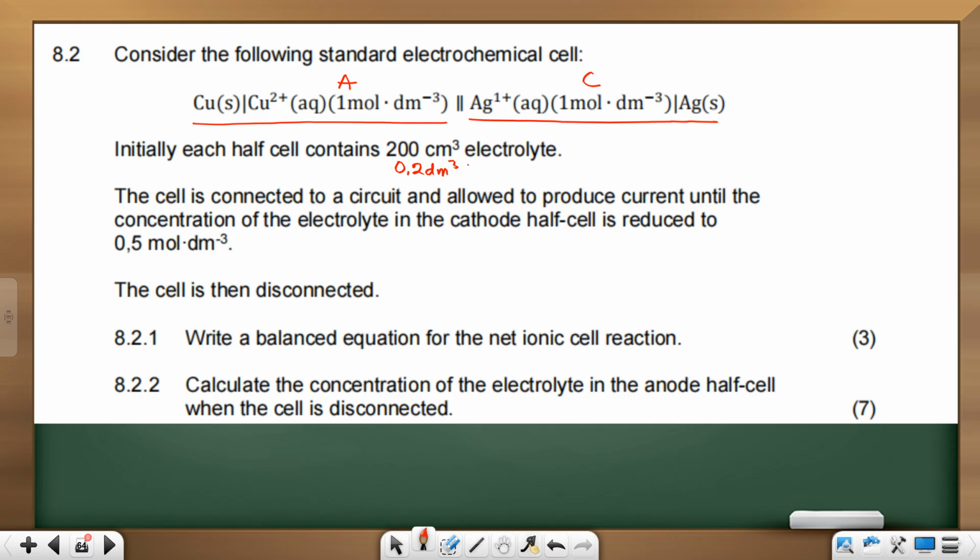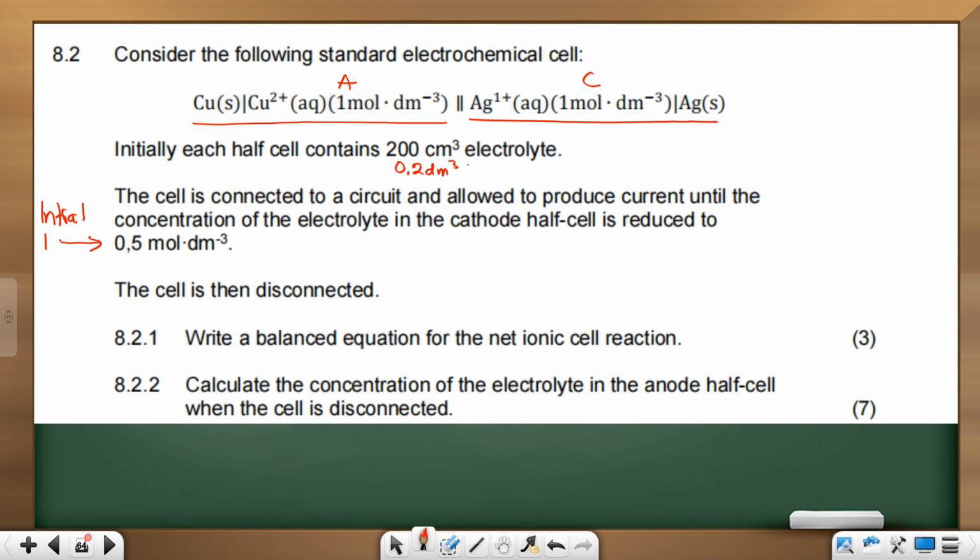Wait, why reduced? What was the standard? 1. So our initial was 1. Now it's reduced to what? The cell is now disconnected. Write down a balanced equation for the net ionic equation.